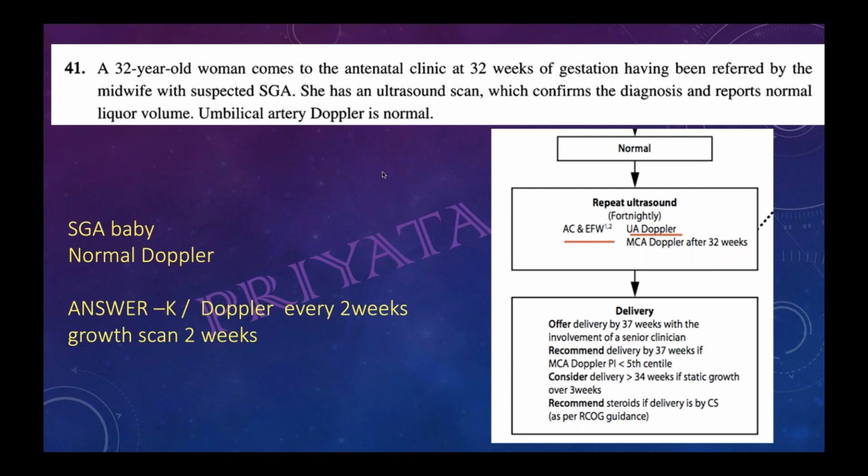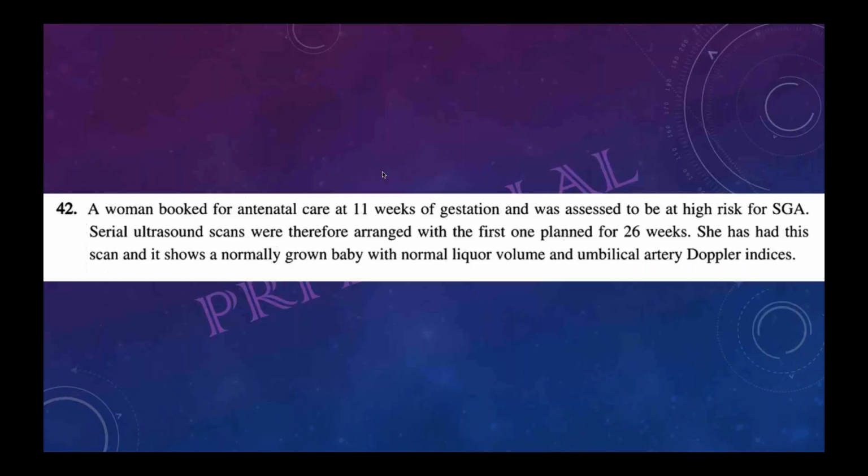She might have plotted the symphysiofundal height on a customized growth chart and found that it is less than 10. Therefore she sent it to the doctor. Is it clear? Yes, ma'am.